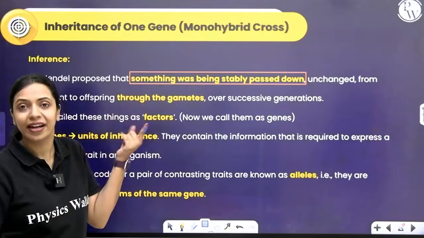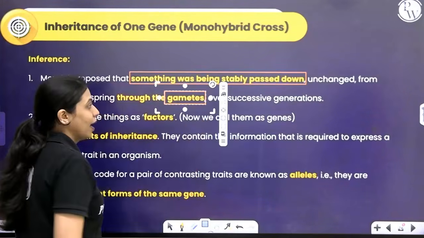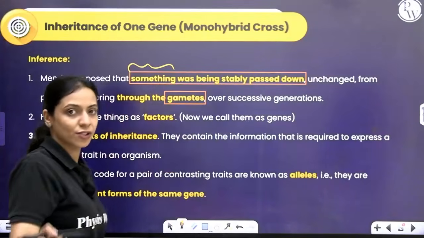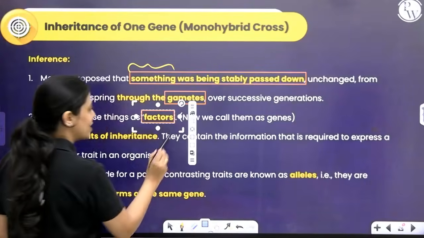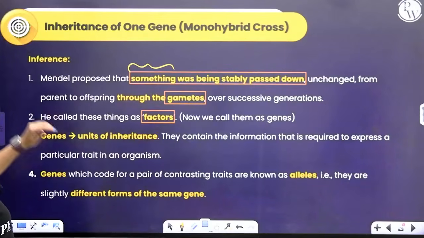And how is it getting passed on? It is getting passed on through the gametes. And he called this something that is getting passed on, he gave it a name, he called it factors. Today we call them genes, but back then Mendel gave it the name factors. Okay? And today we know that genes are the units of inheritance.